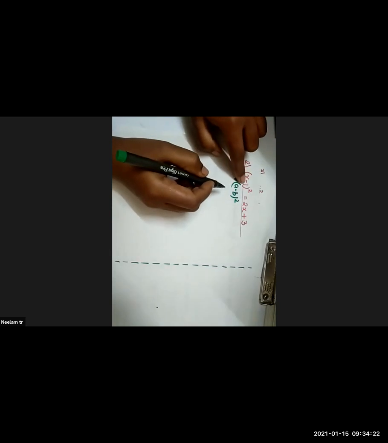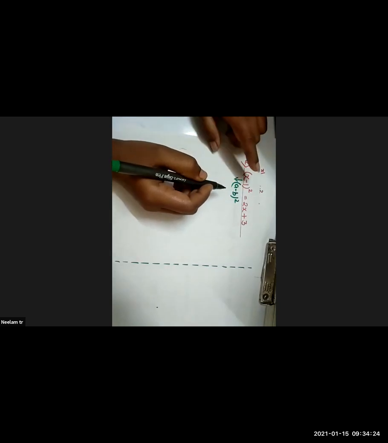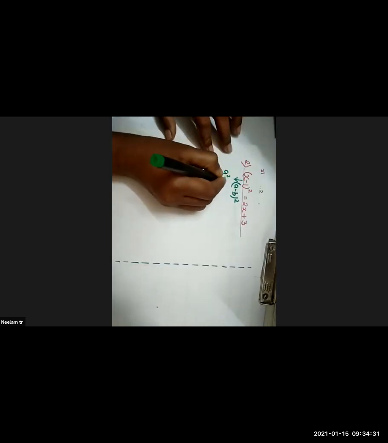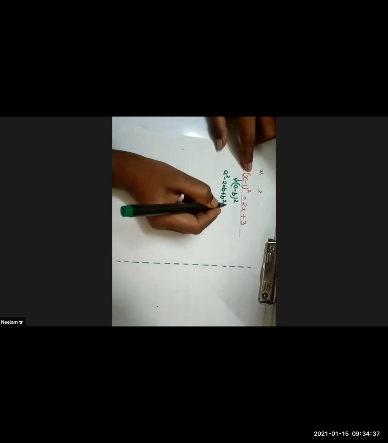Just now I told you a minus b the whole square. Is this in that form? This is a, this is b, the whole square. Yes, it is in that form. What is its formula? a square minus 2ab plus b the whole square. Okay? Similarly, I'll take this variable and solve.